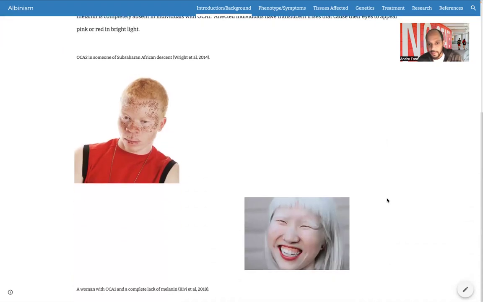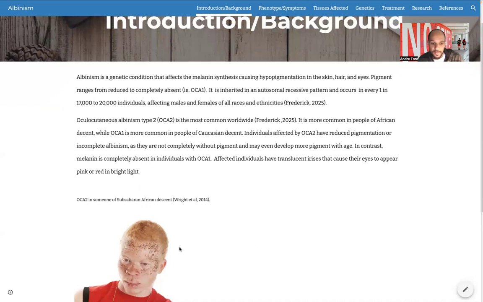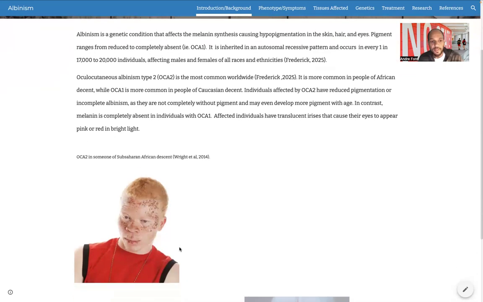I have a picture down here actually to show a person with OCA1, a woman with complete lack of melanin. And then that compares with OCA2, which is actually more common. And this person here you can see is of sub-Saharan descent with OCA2.